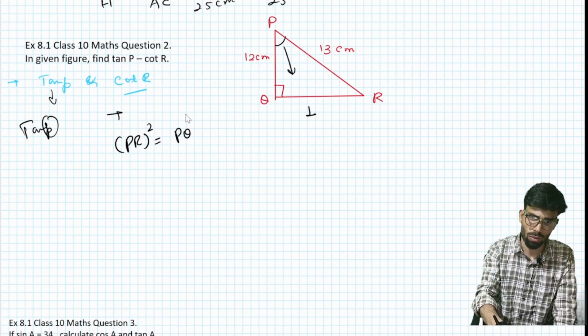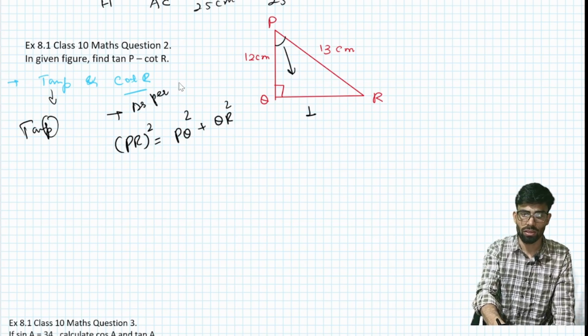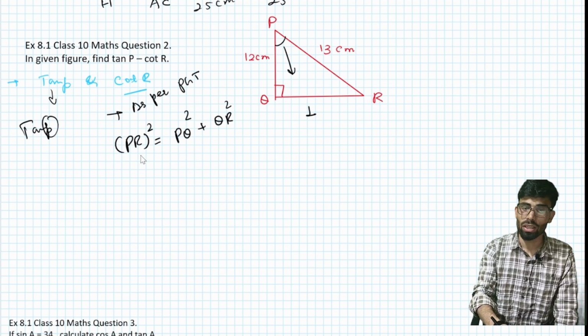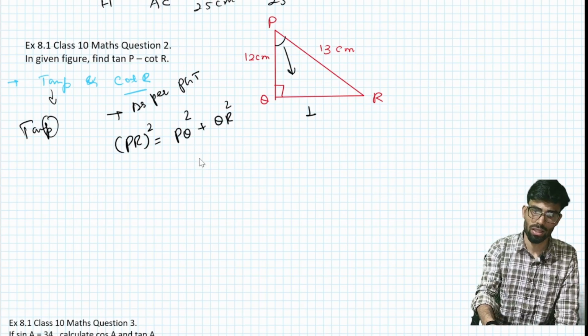Hypotenuse here is PR, so PR square will be PQ square plus QR square, because the theorem tells us about the third side of the right angle triangle when it is not given in the question.